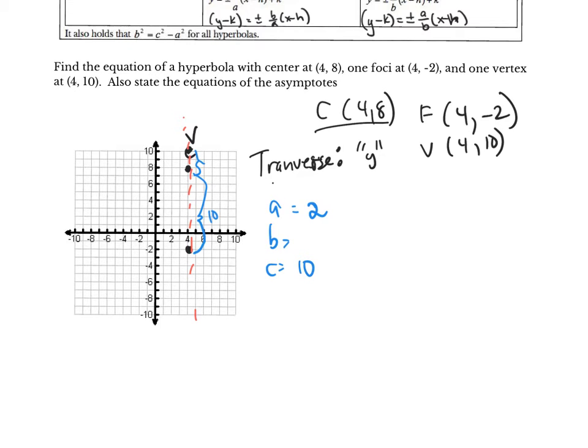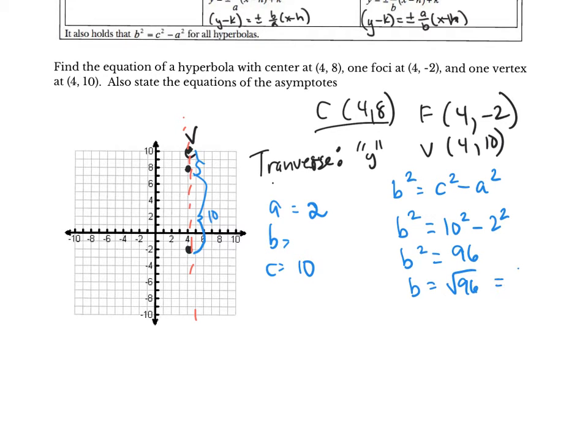And then the rest we can fill in and figure out what b is, because we know b squared equals c squared minus a squared. So b squared is going to equal 10 squared minus 2 squared. So b squared is going to equal 100 minus 4, which is 96. If I wanted to know what b is, it's the square root of 96, or 4 radical 6.